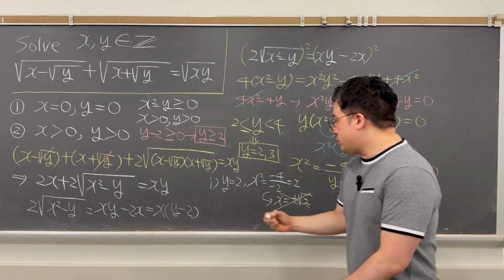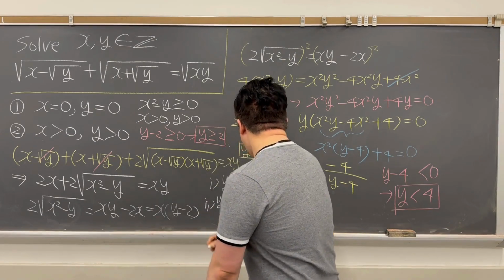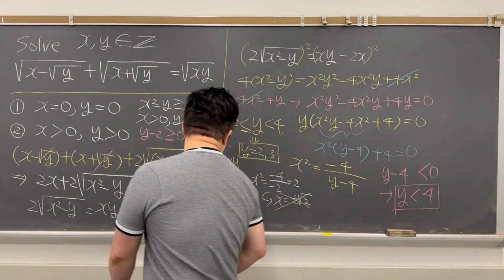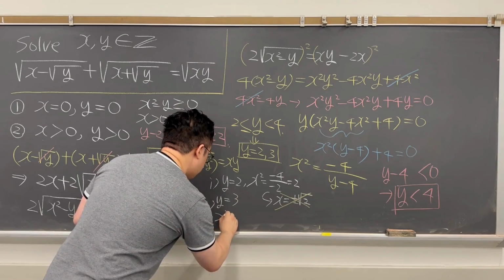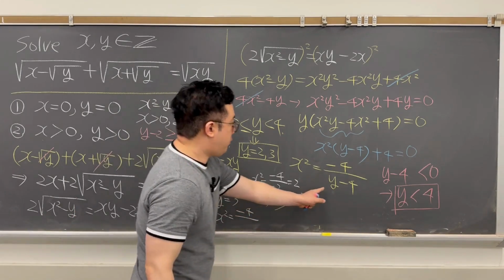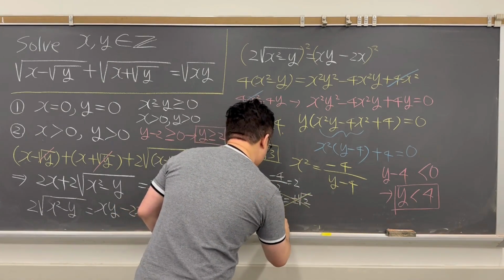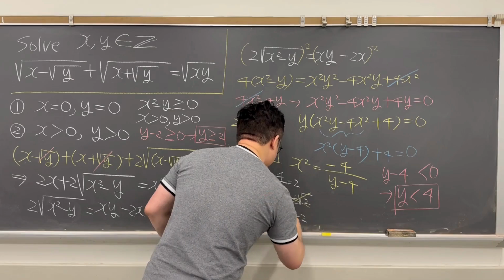But then again, we can move on to when y is equal to 3. When your y is equal to 3, then your x squared is equal to negative 4 over 3 minus 4, that is negative 1, that is positive 4. So that's why your x is plus or minus 2.